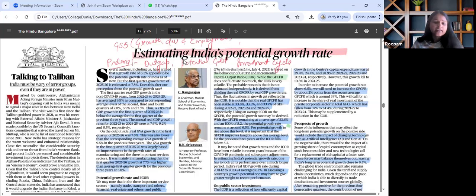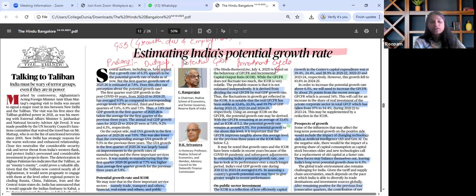This can even be interlinked with RBI's inflation targeting, infrastructure gaps, and demographic dividend. So the transitions required to measure India's actual potential GDP growth are to be seen through this article.